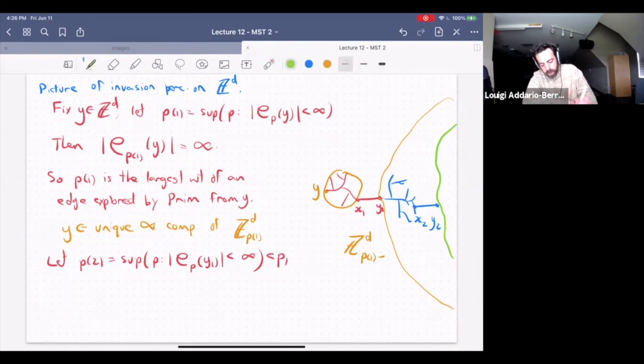Okay, so y2, y1 is in the unique infinite component of Z^d at P2, and maybe it's worth saying, but not Z^d at P2 minus.